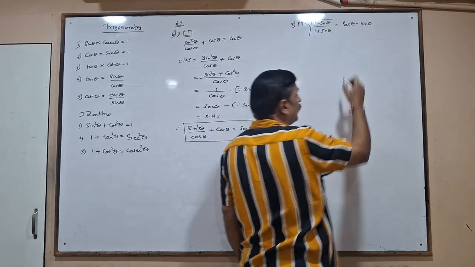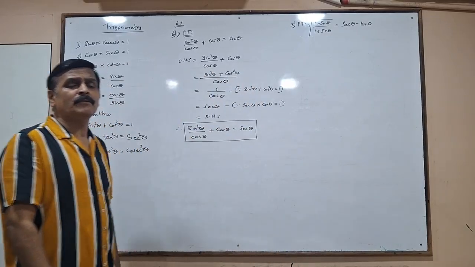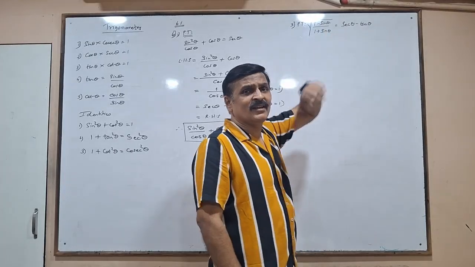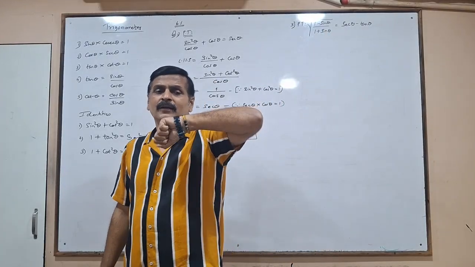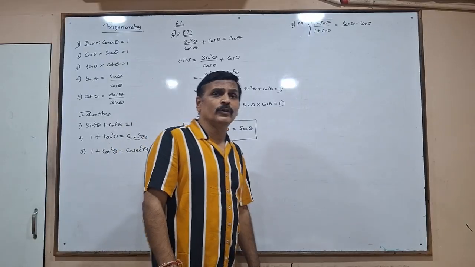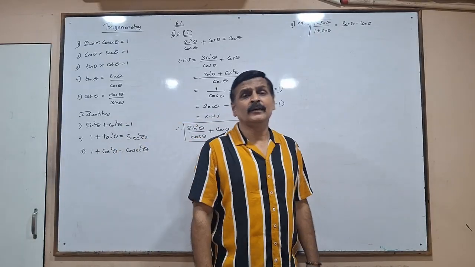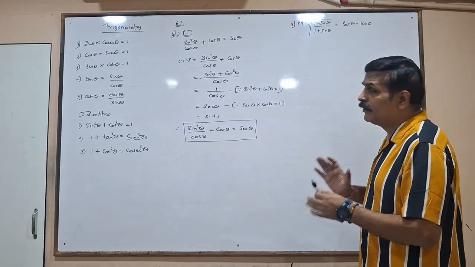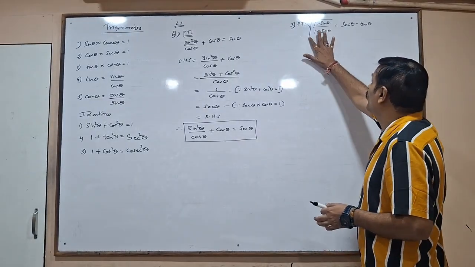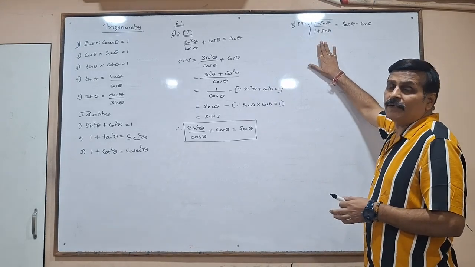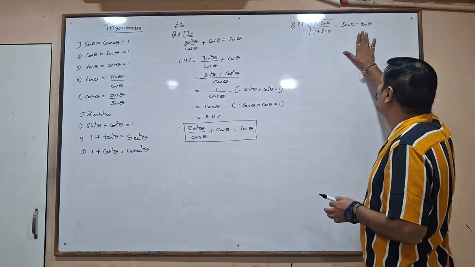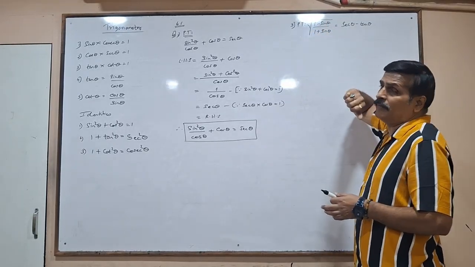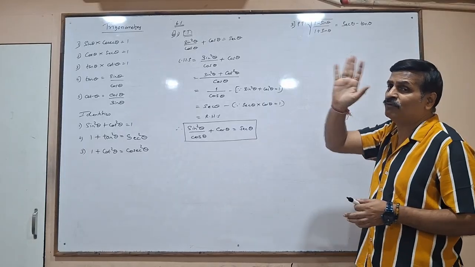Many times students solve this by taking RHS and then reaching LHS, which is, I think, a bit confusing, and you may find problems with that method. I would prefer to take LHS, solve it, and get RHS, because this tells me I have to remove the square root from LHS, because on the right hand side there is no square root.